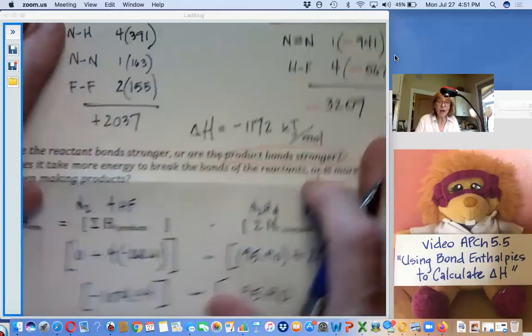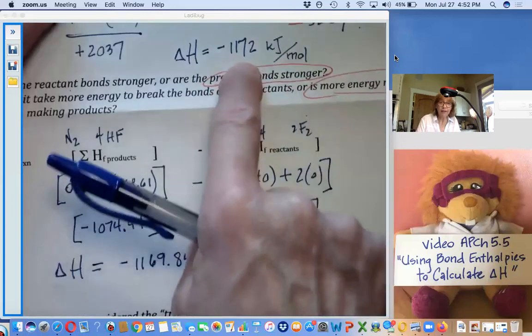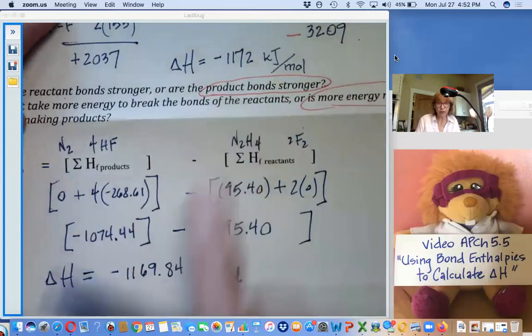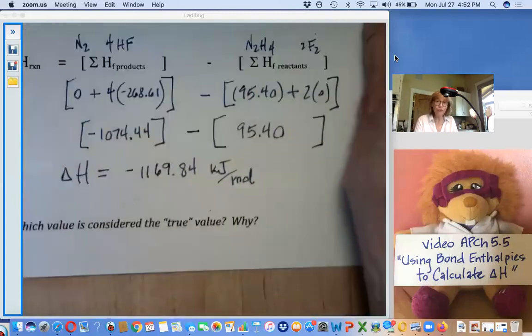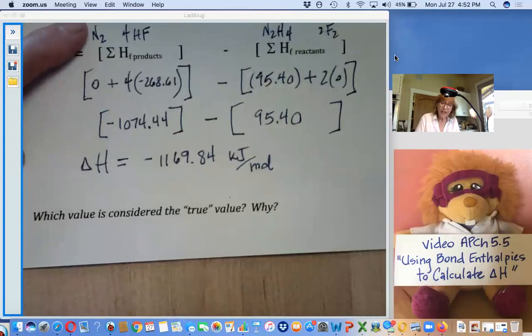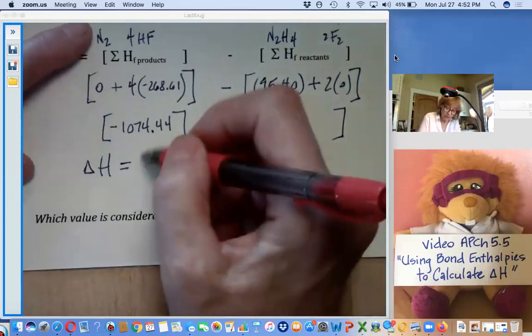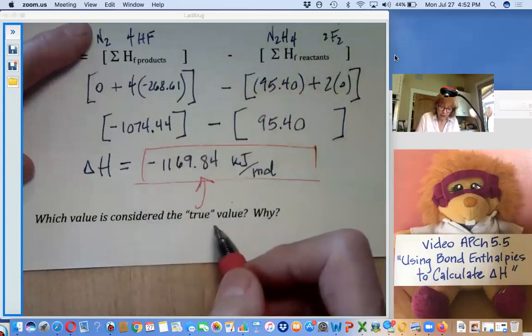When we did our bond enthalpy method, we got this answer. And with our heat of formation, we get this answer. They're not exactly the same, but they're really darn close. Which of those is considered the true value? And the answer is, using heat of formation is considered to be the true value.